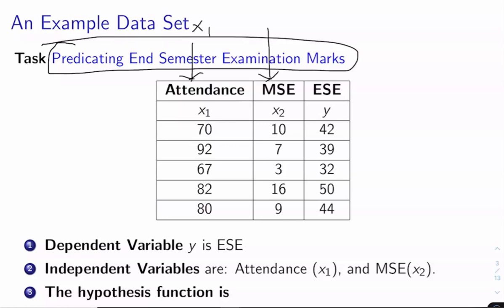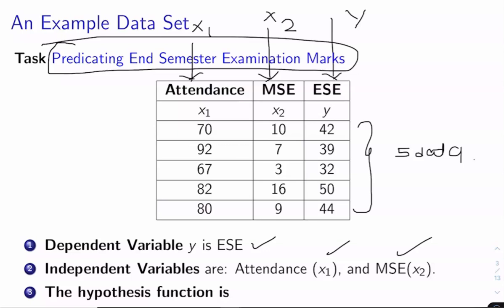Here attendance is x1 and mid semester examination is x2, and end semester examination is our output feature, which I am denoting by y. In this sample data set on this slide, there are 5 different data observations. Here y, the end semester examination mark, is the dependent variable. Attendance and mid semester examination are independent variables.